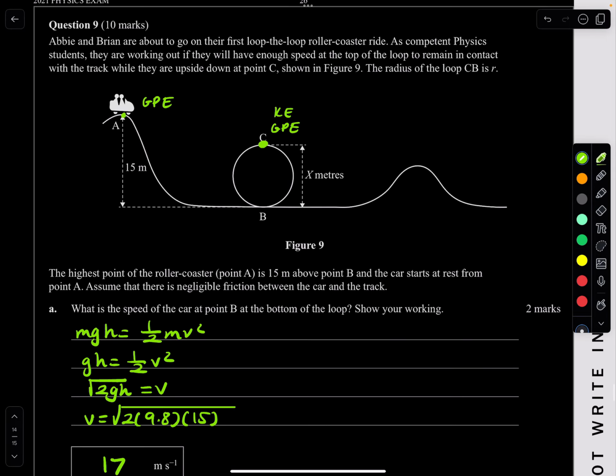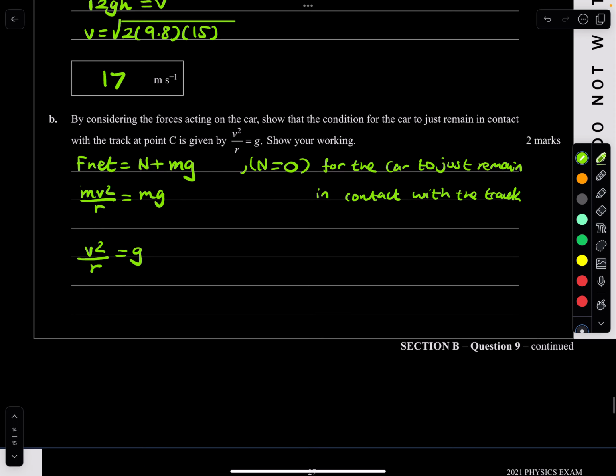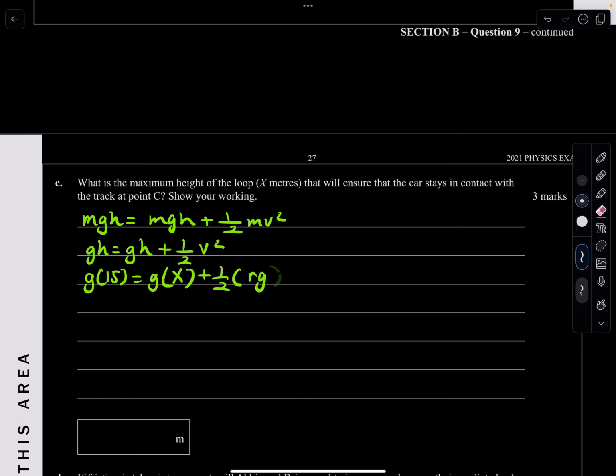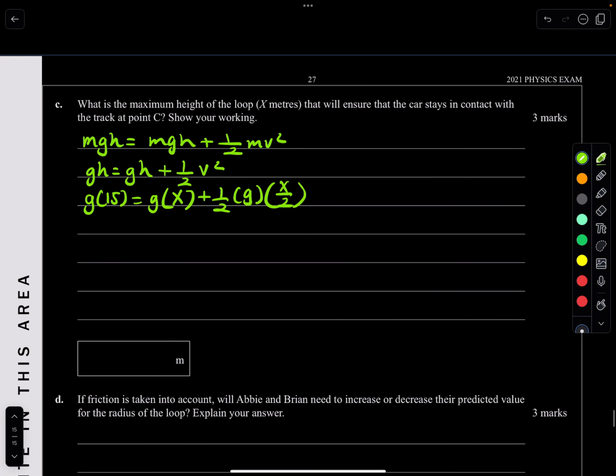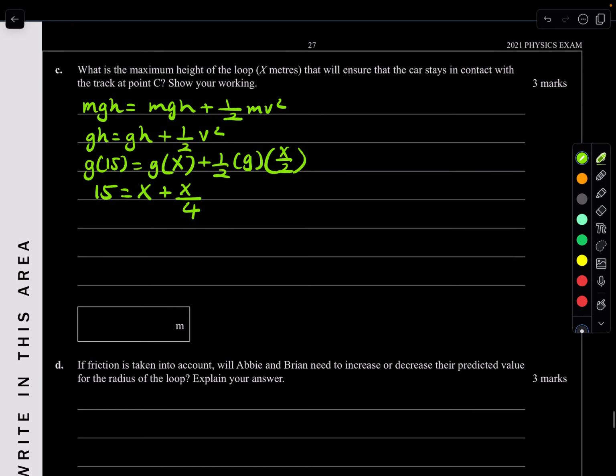The radius of this is just half of x, so we can replace that r with x over 2. So that's going to be g and x over 2. All right, let's simplify this. We made a nice equation that relates all of these. The g's cancel out because all of them have g, so it's 15 equals x plus x over 4, which is 5x over 4.